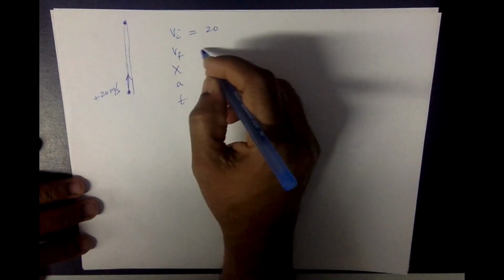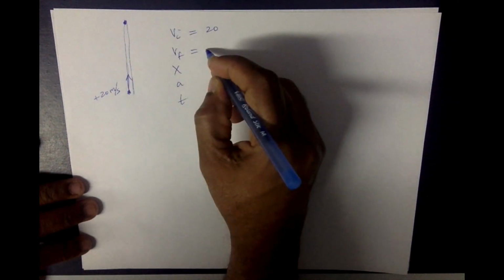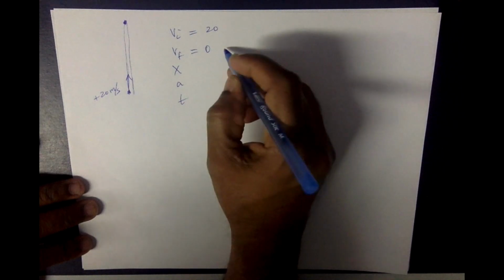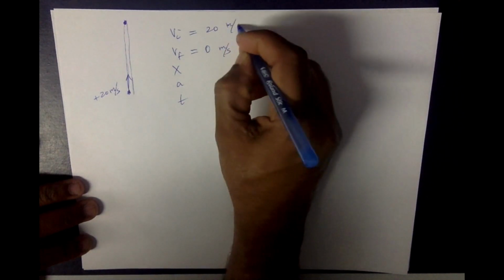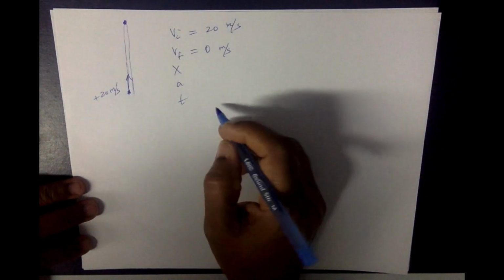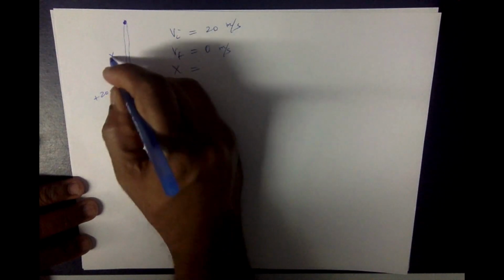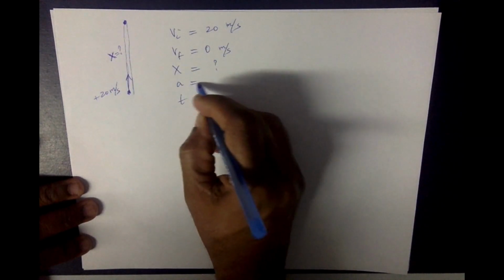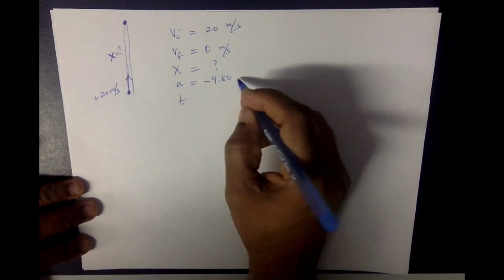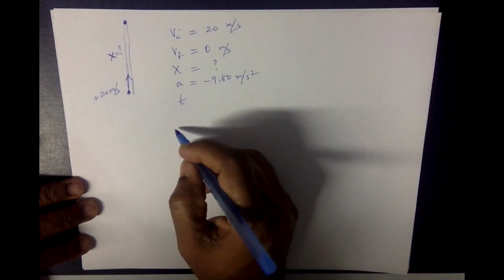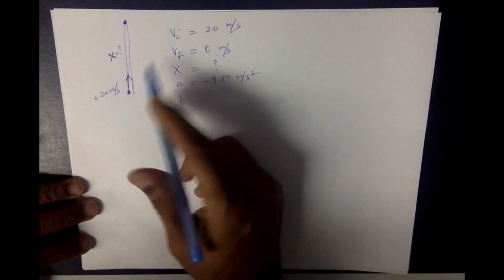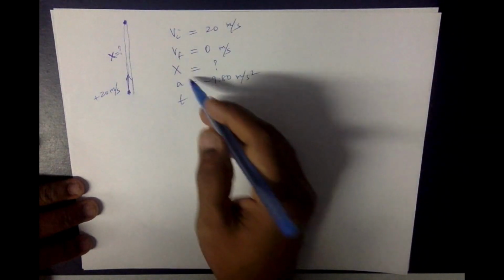Final velocity over here, when it's turning around, is going to be 0, because it's going slower and slower and finally stopping there and coming back. Displacement from here to here is something we don't know and want to know. Acceleration is negative 9.80 always. And time is not asked in the problem.